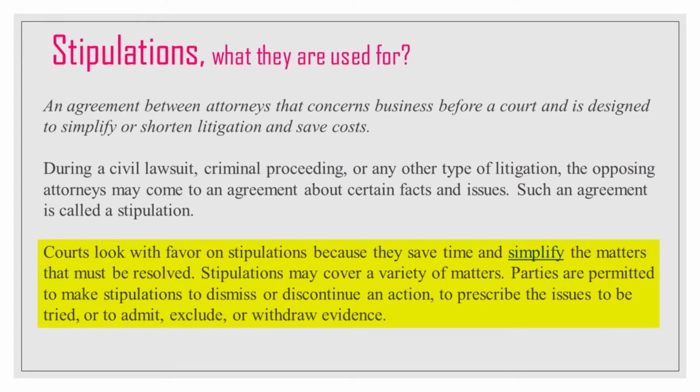Courts look with favor on stipulations because they save time and simplify the matters that must be resolved. Stipulations may cover a variety of matters. Parties are permitted to make stipulations to dismiss or to discontinue an action, to prescribe the issues to be tried, or to admit, exclude, or withdraw evidence.